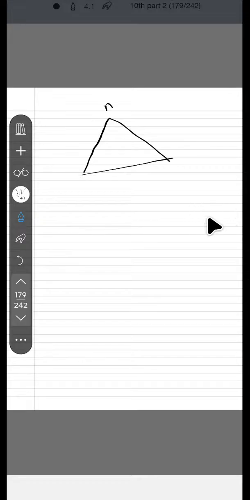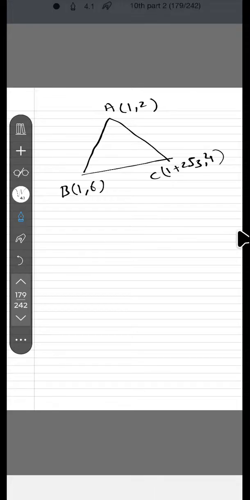Here, one point is A (1, 2), another point is B (1, 6), and the C point is (1 plus 2 square root of 3, 4). This one is x1 y1, this is x2 y2, and this is x3 and y3.